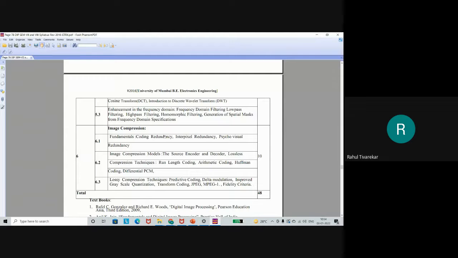Okay. So the applications of all these we will be learning here again, and that's why it's not so difficult. And at the end, we will see lossy compression technique. So there are two types of compression techniques because we compress images. That means we will be reducing the storage requirement.